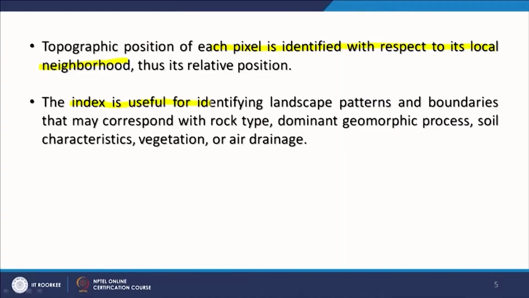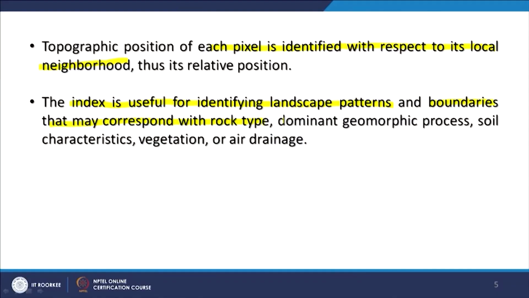So this index is useful for identifying landscape patterns. We will see some examples. Boundaries may sometimes correspond to rock type, because the surface characteristics are controlled by the rocks, the different types of lithologies which are present, and the different types of soils.